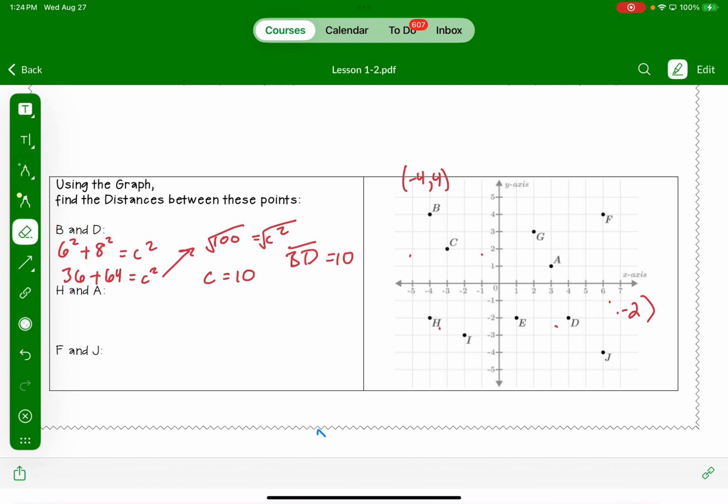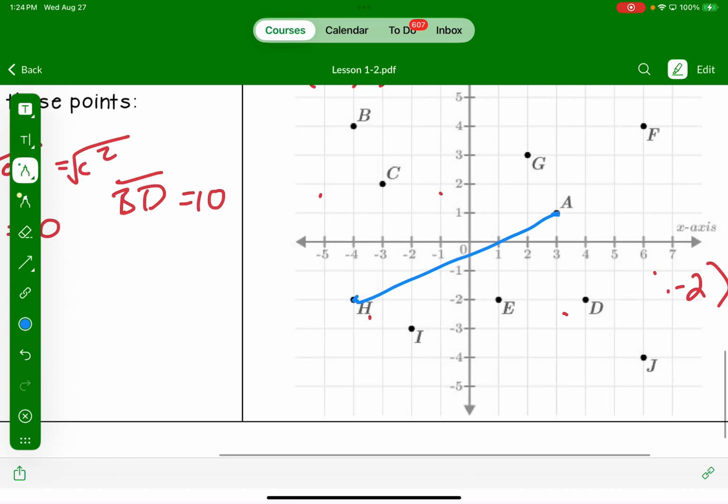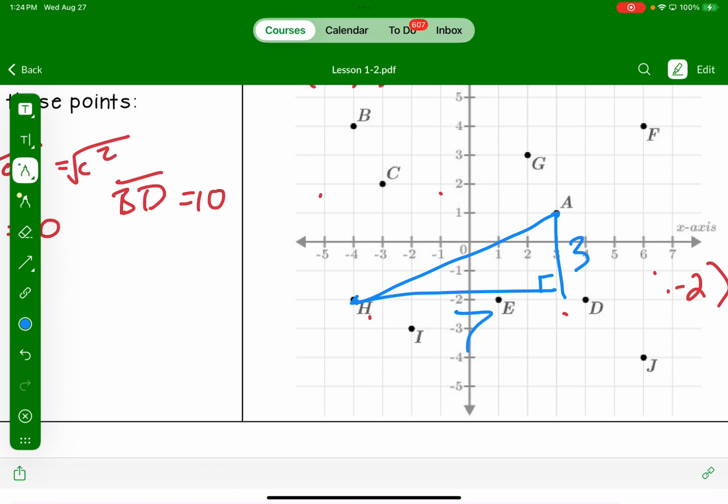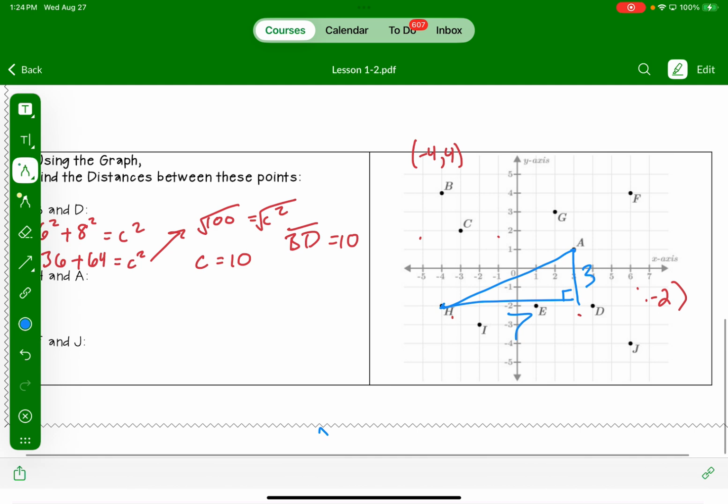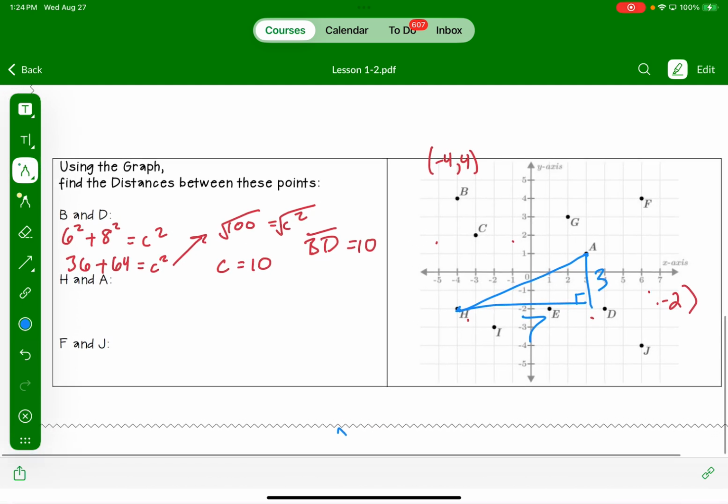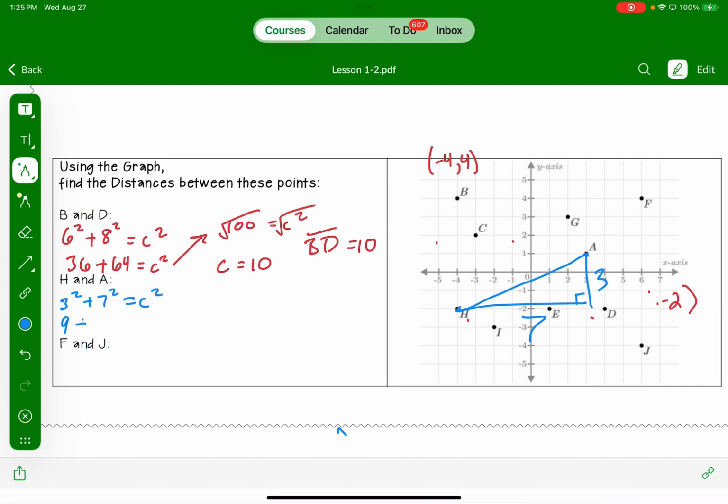All right, so let's do H and A. So here's H, here's A. There's the distance between them. That's what we're looking for. We can draw a right triangle. We can see that this leg is 3, this leg is 7. And we are looking for the hypotenuse, aka the longest side, aka the diagonal. 3 squared plus 7 squared equals c squared, which is 9 plus 49.